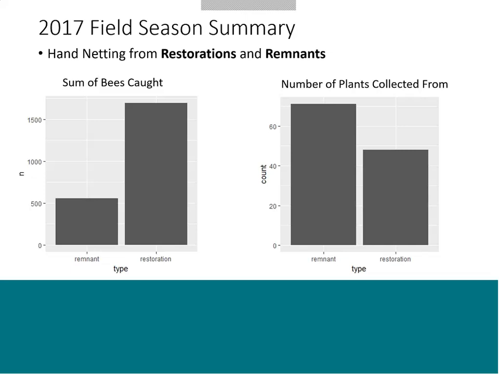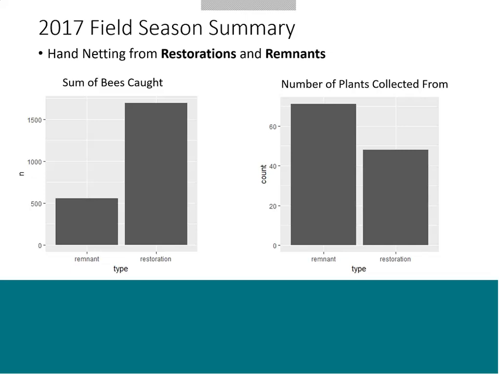When we were catching bees off of plants, we noted the species of plant it came from. In remnants, we found far more bees on more types of plants. We found about 70 different plants that bees were using in remnants, compared to only about 40 or so plants that bees used in restorations.